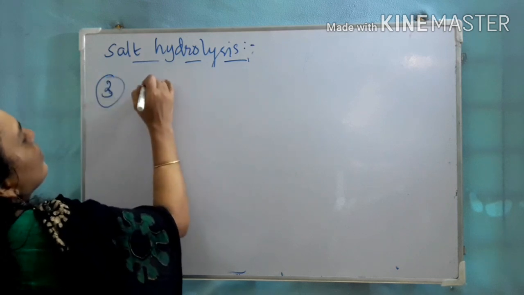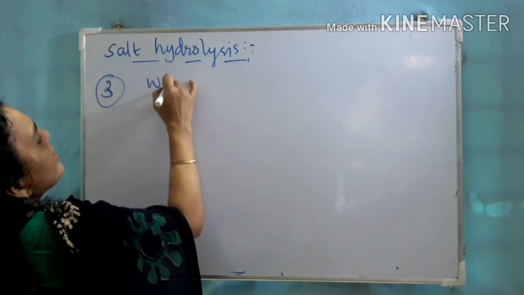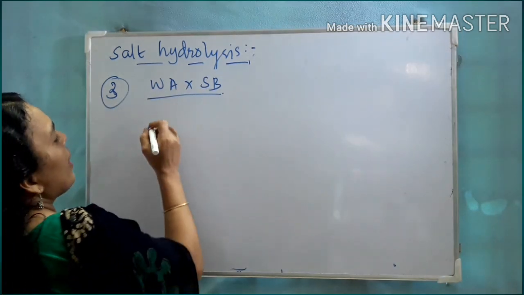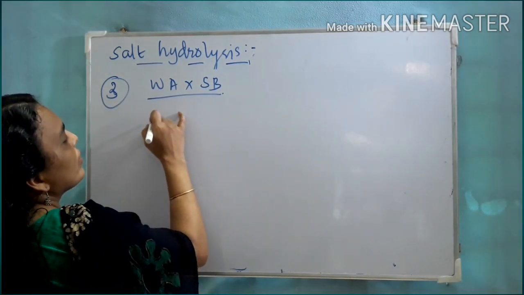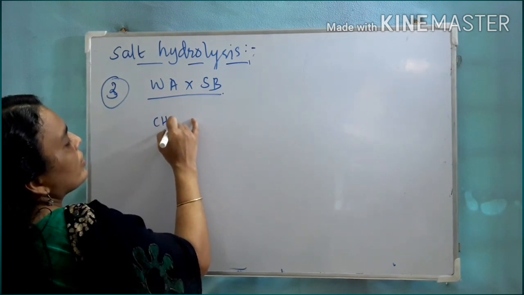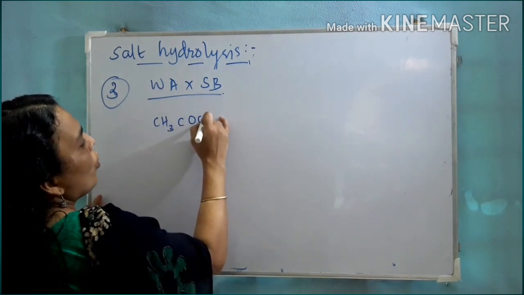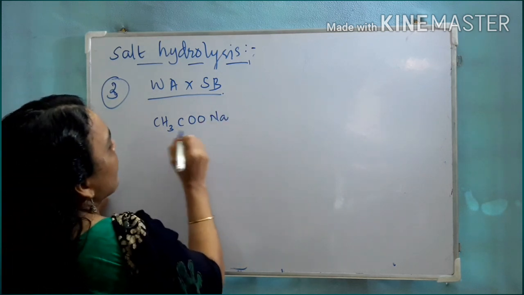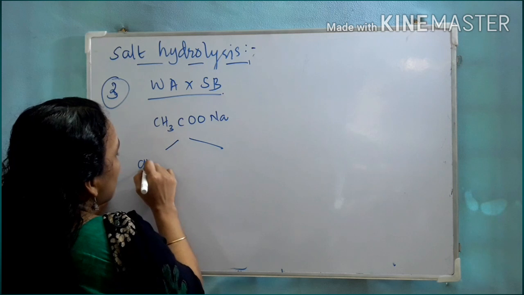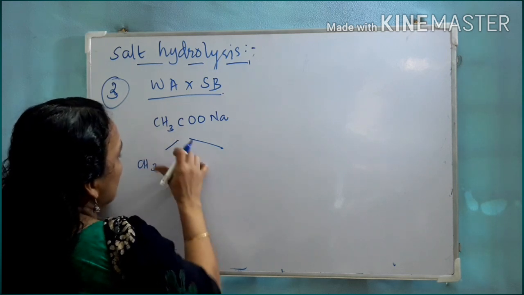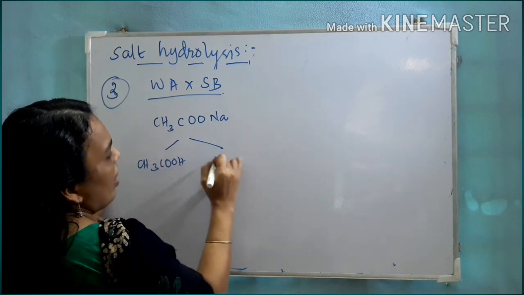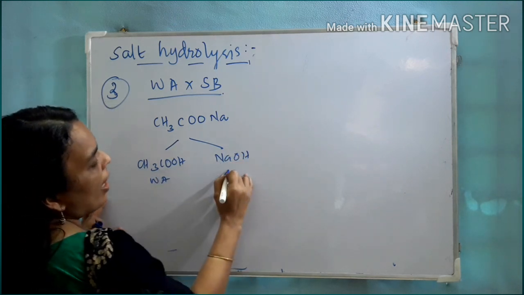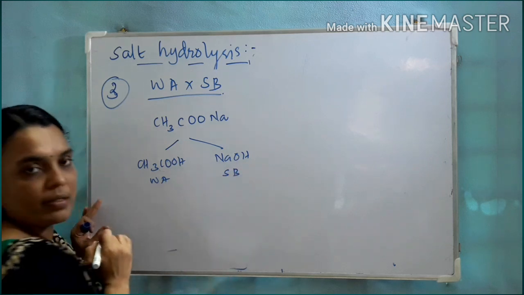Third one, that is weak acid and strong base. Let us consider an example of a salt, CH3COONa, a salt formed with CH3COOH and NaOH. It is a weak acid and it is a strong base.